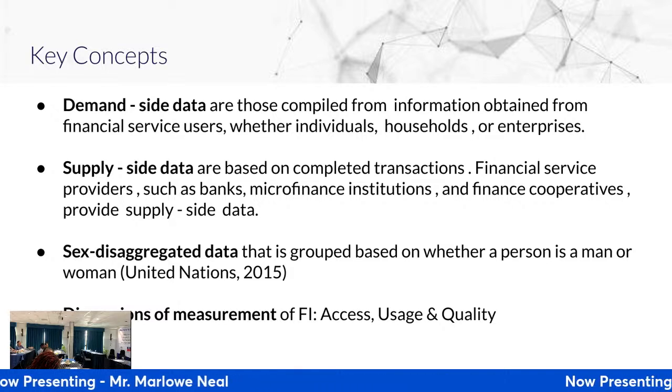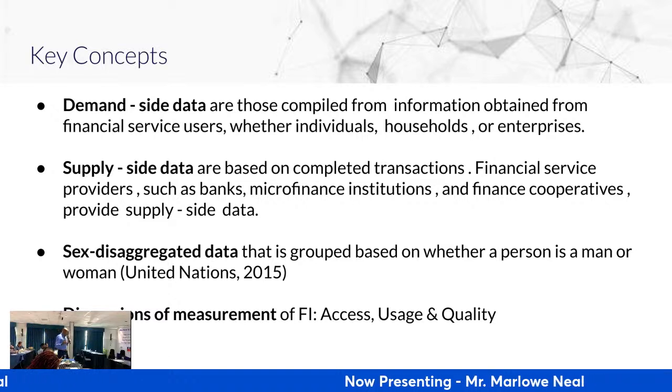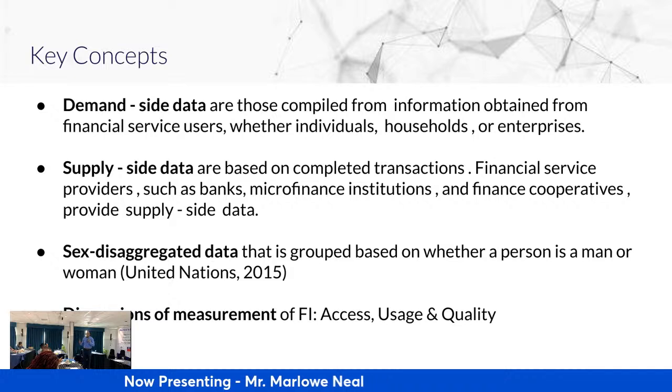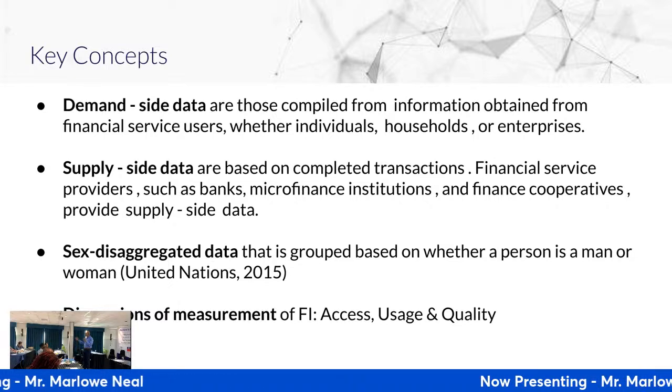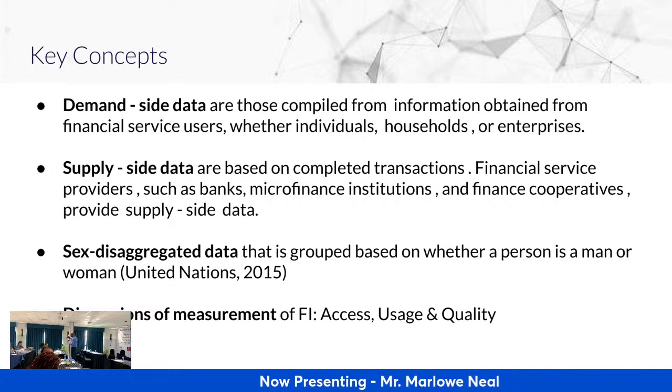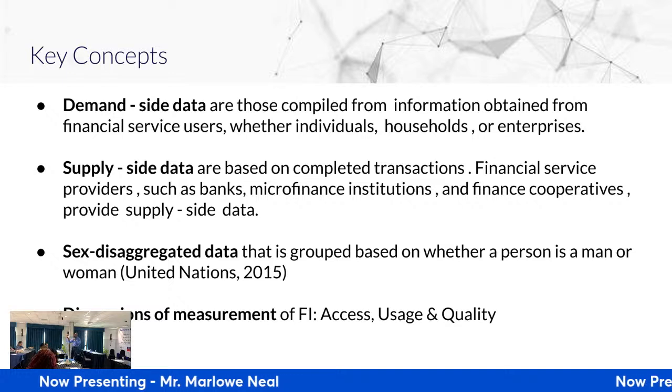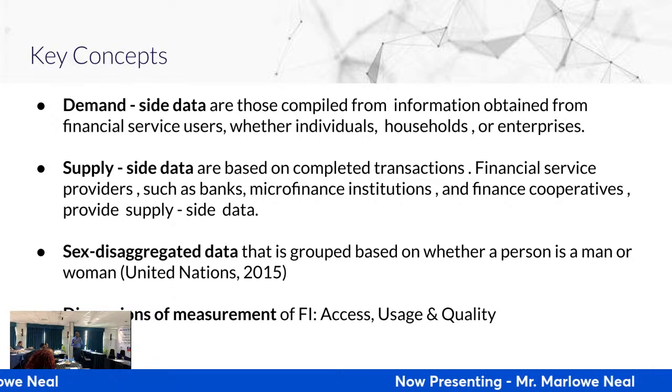When we talk about supply side data, this is based on completed transactions. We're sitting in the FIs, in the banks, in the credit unions. The information that we have to work with is just the information that flows through our database. In other words, someone initiated a transaction, we followed through, we had our internal processes, and then it went through and it was closed at some point. That is the information that we're faced with.